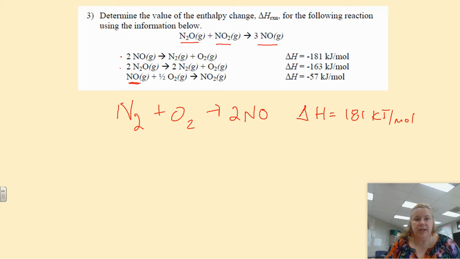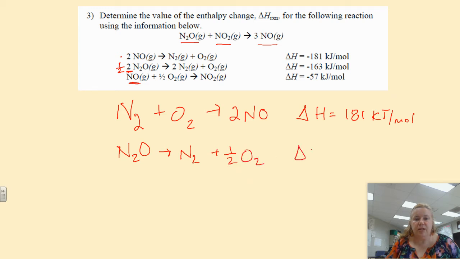So our next part, hey, there's the N2O, the dinitrogen monoxide. But there's 2, so we need to halve this. We're going to multiply everything by 1/2. So we get N2O, and we're going to get just 1 mole of nitrogen gas and 1/2 of a mole of oxygen gas.